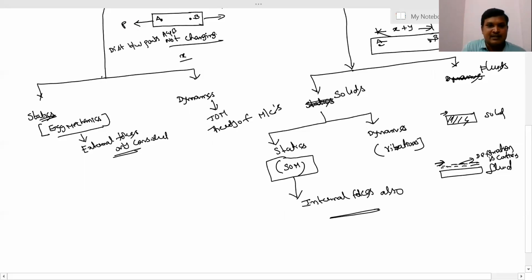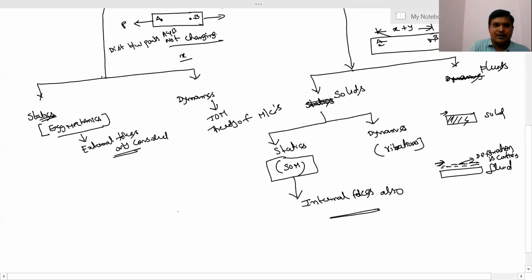In first year engineering mechanics, we consider only external forces on any body. But in strength of materials, we should consider internal forces, which we call internal resistance forces. Is it clear? So we should calculate the internal forces, which we call internal resistance forces.